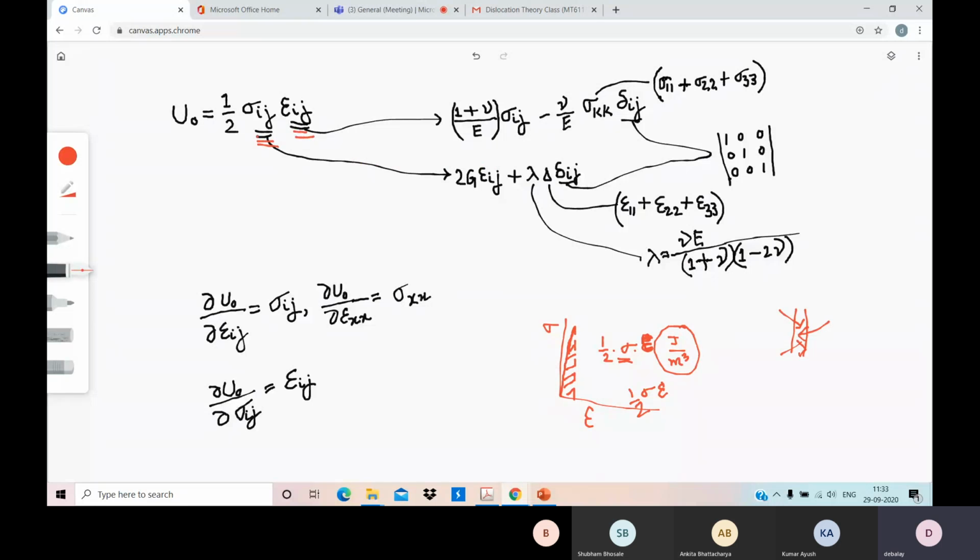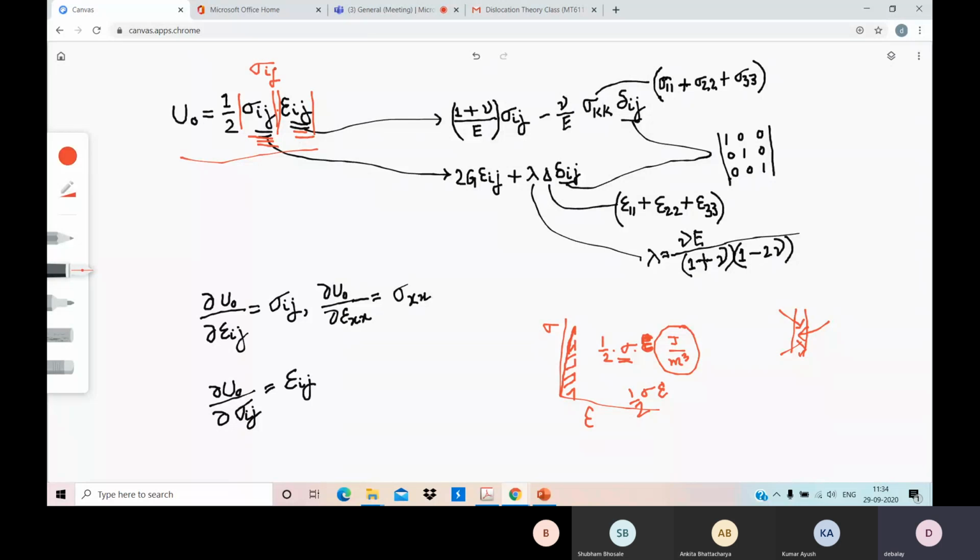So whenever there is a complex loading, you have to consider the generalized case. That means you have to consider the stress tensor multiplied by the strain tensor. All the components you need to think. Stress tensor multiplied by strain tensor. Now, this distortion energy you can write completely in the form of stress tensor terms, or completely in the form of strain tensor terms. Suppose I write it completely in stress tensor terms, ij. What I have to do?